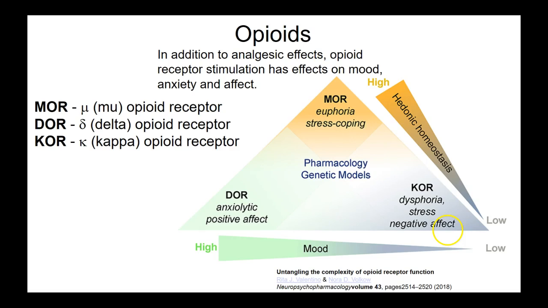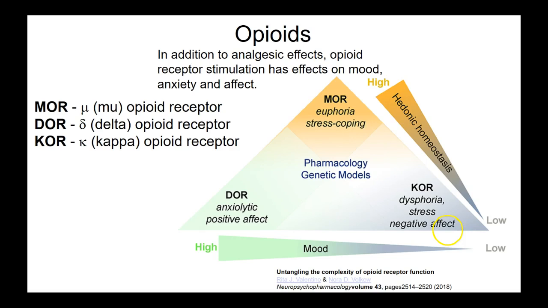So I just want to talk briefly about opioids. Opioids are important in blunting pain. So endorphins, enkephalins, dynorphins. If you look at some of the neurotransmitter classes, endorphins block substance P signaling among other pain receptor signaling.